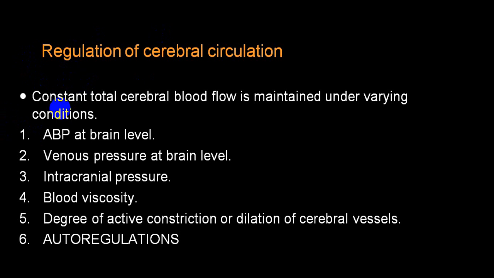And once the intracranial pressure is increased, CSF formation will reduce, and CSF will be shifted from the intracranial compartment into the subarachnoid space of the spinal cord. It will be pushed out into the subarachnoid space of the spinal cord.